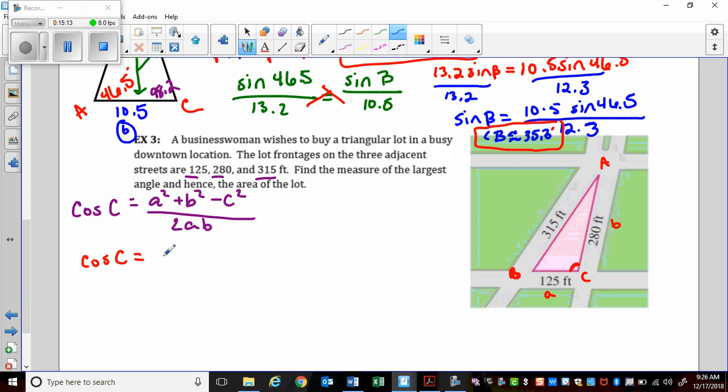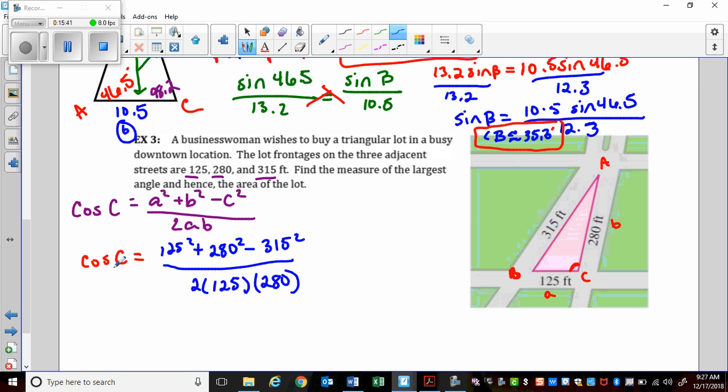So I'm going to say, well, this is 125 squared plus 280 squared minus C, which is 315, squared, over 2 times 125 times 280.